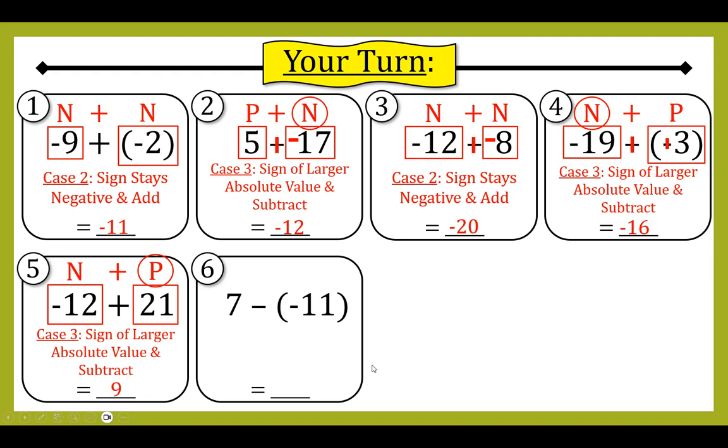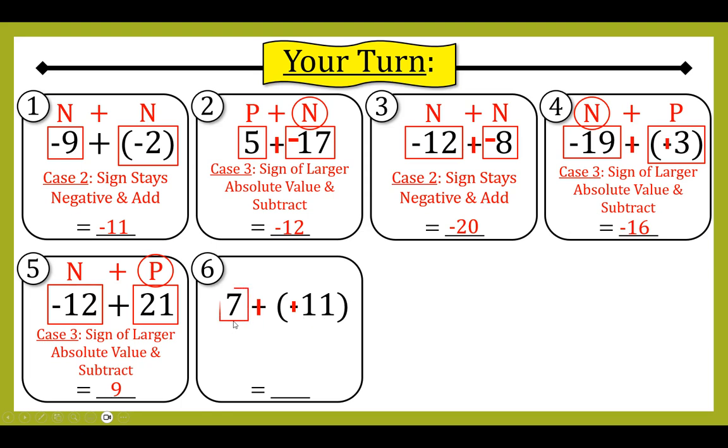All right, we're on your turn number 6, so go ahead and hit pause. Okay, so for this problem, I am subtracting. I have 7 minus -11, sorry. So here I'm going to add the opposite. My subtraction becomes an addition problem. My -11 is now +11.